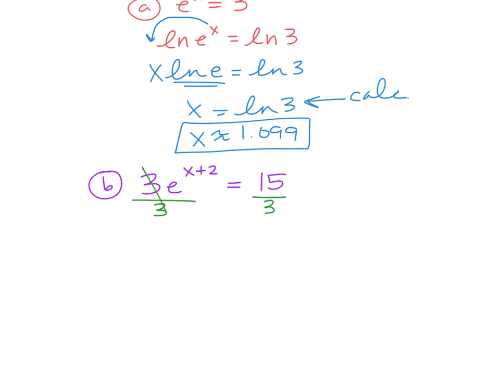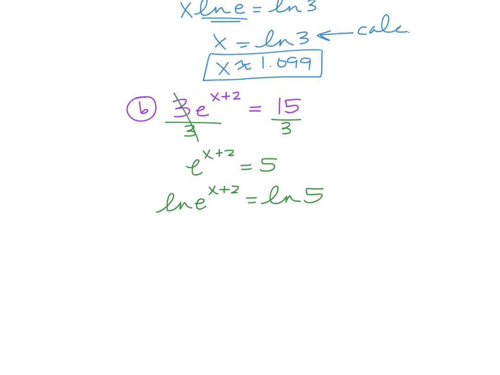So we get e to the x plus 2 power equals 5. What shall we do next? Right, we need to take the natural log of both sides. So it's going to be the natural log of e to the x plus 2 equals the natural log of 5.